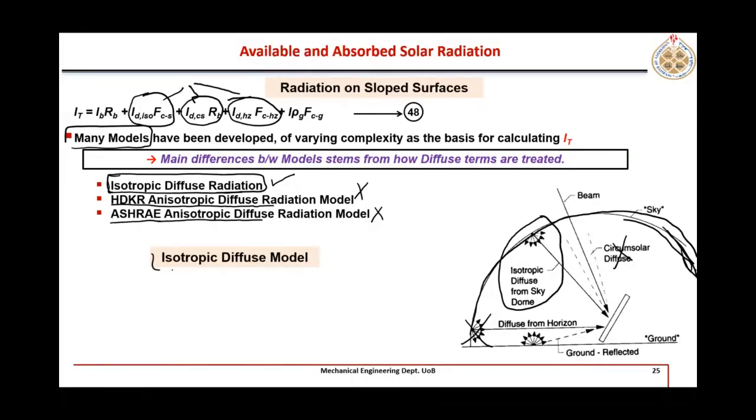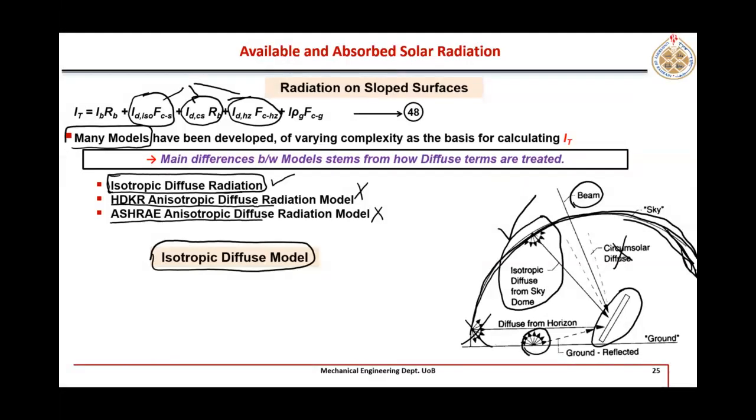So this particular model assumes that the diffuse radiation is coming only from the sky, isotropic sky. The horizon and the circumsolar we can simply neglect. So now the total radiation falling on the surface of the collector consists of beam, isotropic diffuse from the entire sky dome, plus the radiation coming from ground reflected.